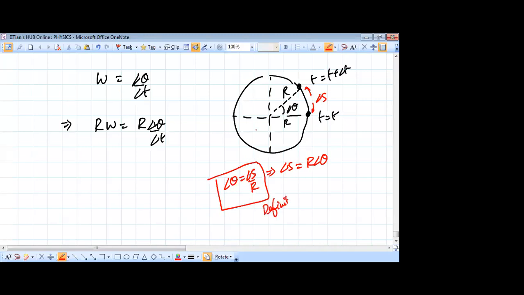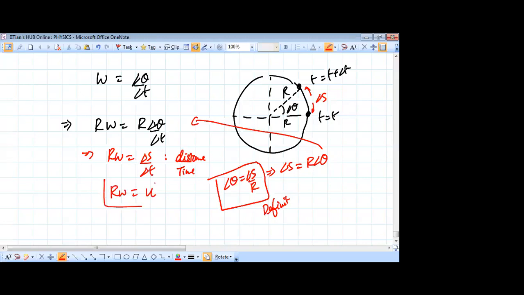Okay, so then I can put this back over here, and I can see that r omega is nothing but the arc length distance traveled divided by time. So this is nothing but distance upon time, which is the uniform speed. So r omega is equal to u, or omega is equal to u by r.